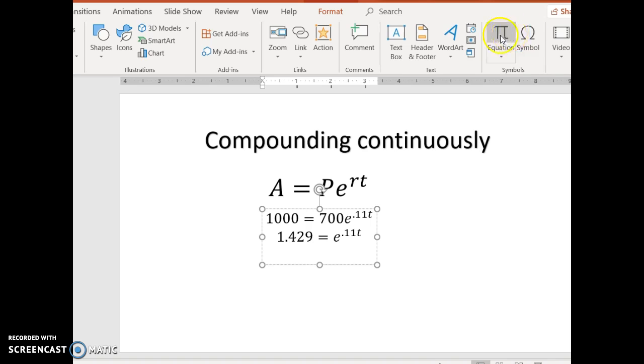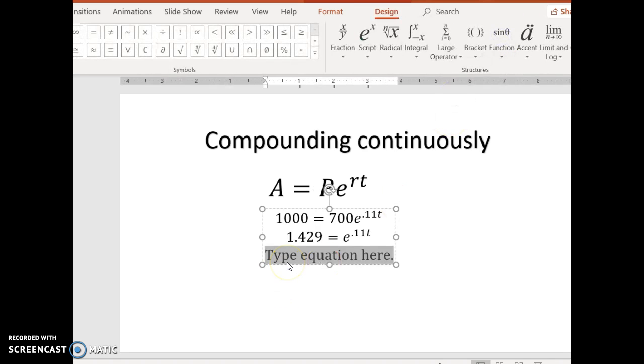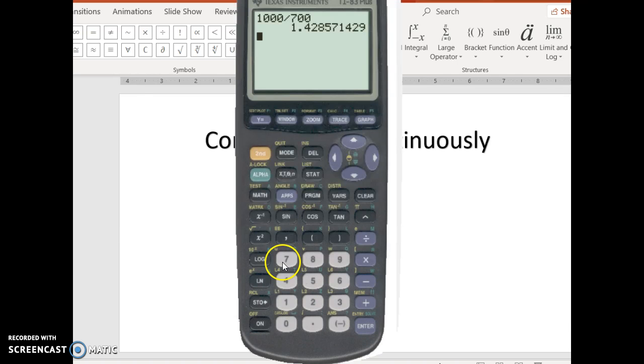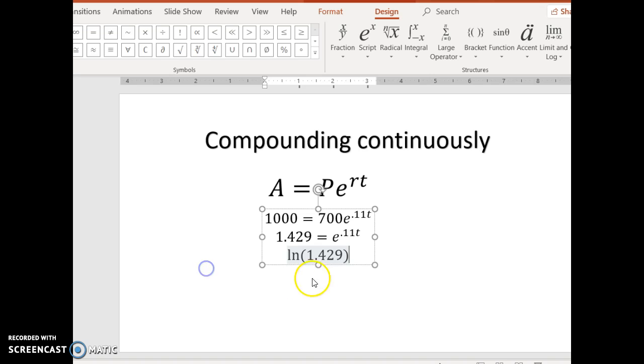So insert an equation, and it's called taking, what happens if you have the natural log of something? The natural log of 1.429. And how do I know natural log? Well, right here, e was right here connected with natural log. They're kind of inverses of each other.